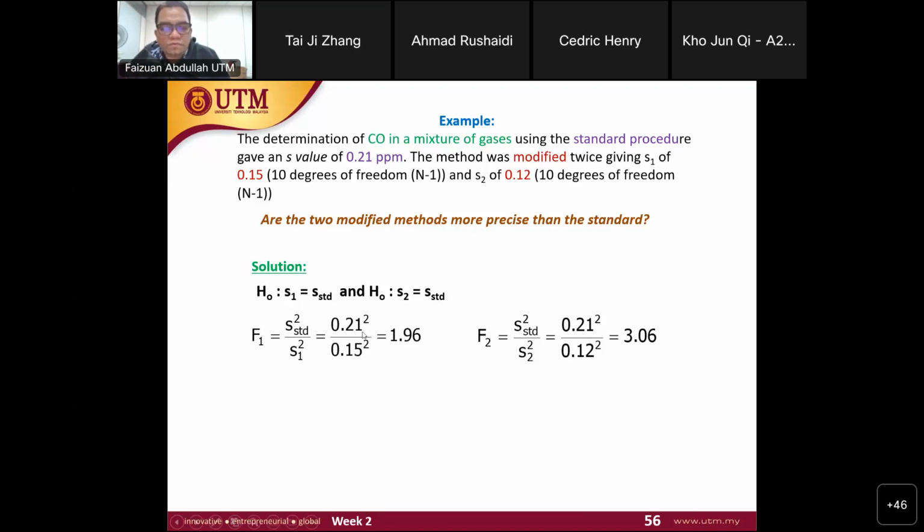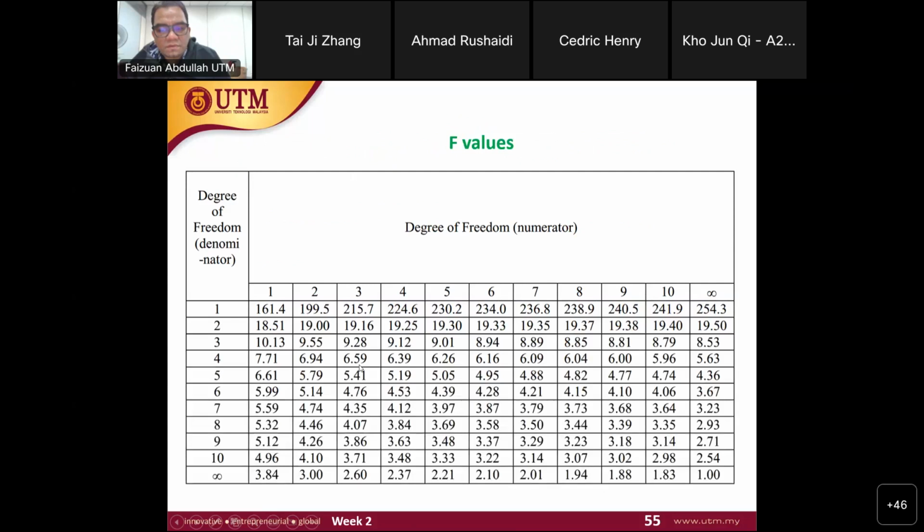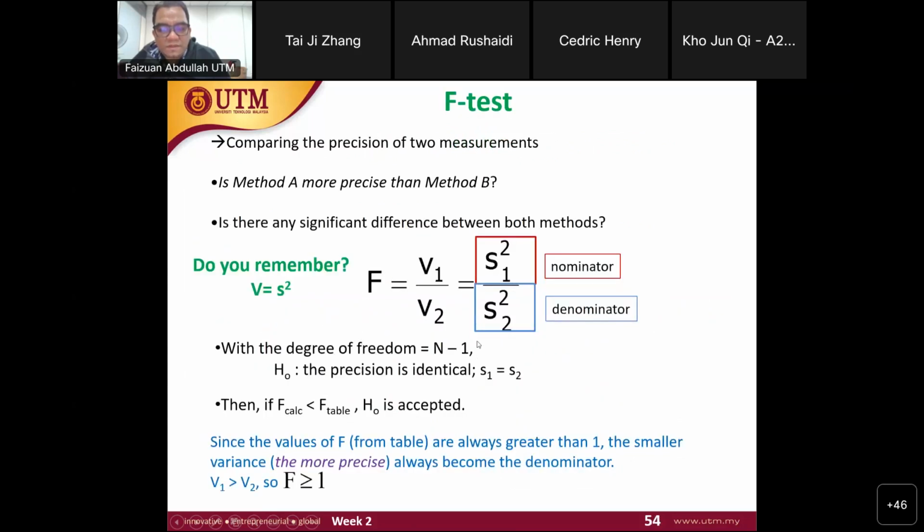So 0.21 divided by, okay, for the question that already told the standard, you just assume that the standard is the numerator. Remember this: since the value of F from the table is always greater than 1, the smaller variance, the more precise, always becomes the denominator.